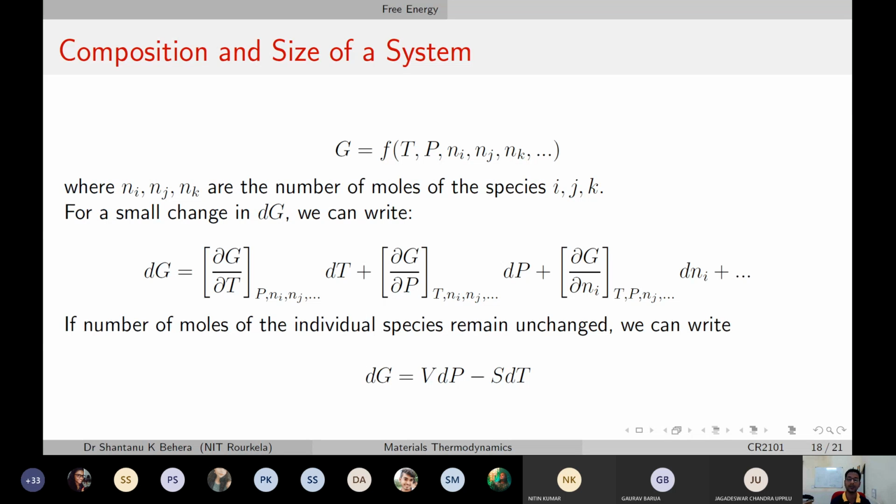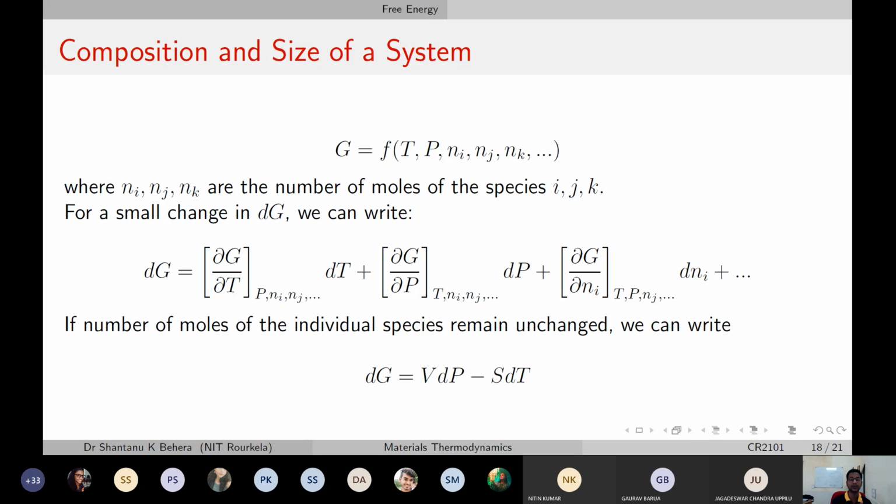And if you are able to do that, again we talk about stability, right? How the system is going to attain the lowest free energy. That's our objective.